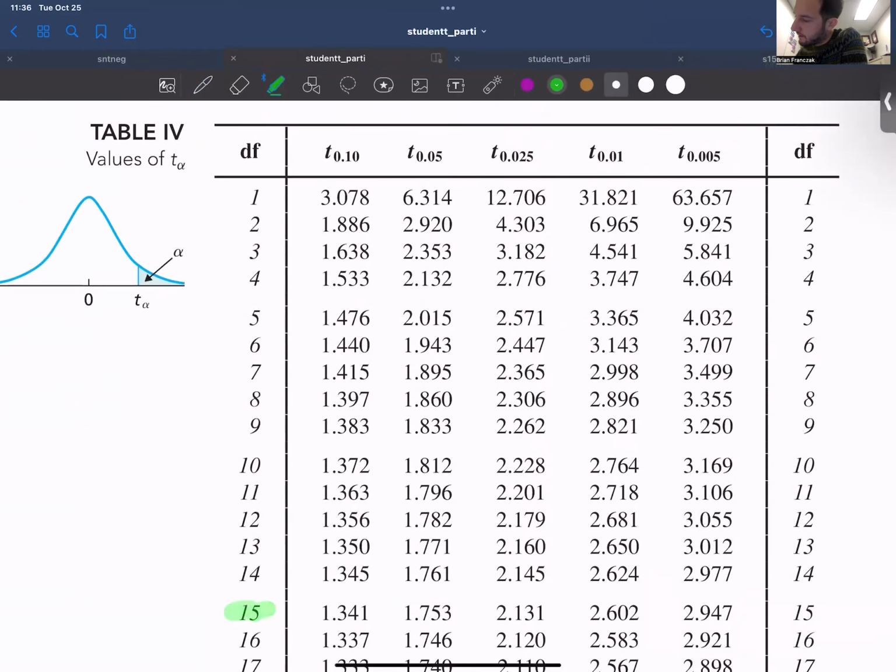which is here. And our test statistic is 1.535. If we look here, we can see that this number is in between 1.341 and 1.753. So the probability that t is greater than 1.535, which is the probability that t is less than negative 1.535, is between 0.1 and 0.05.